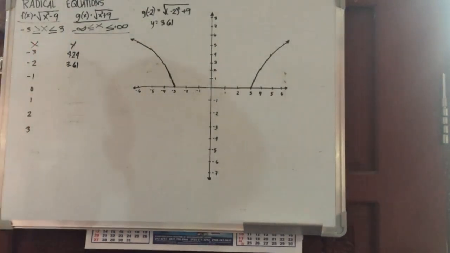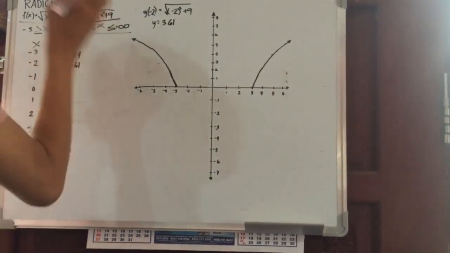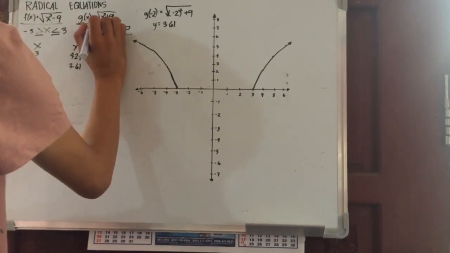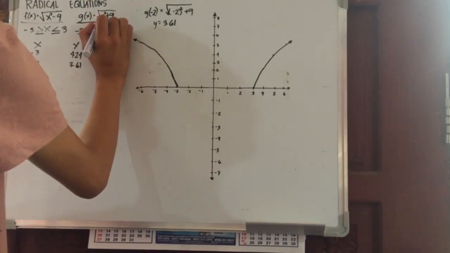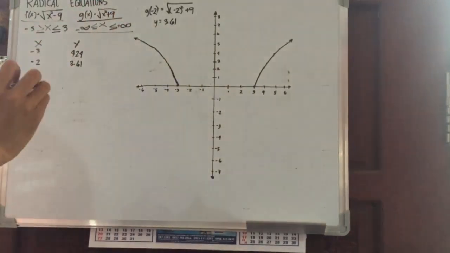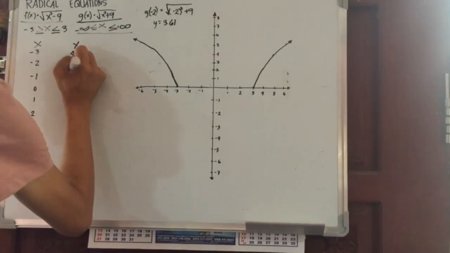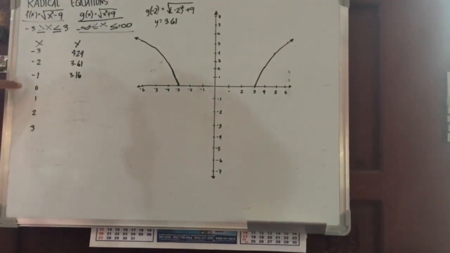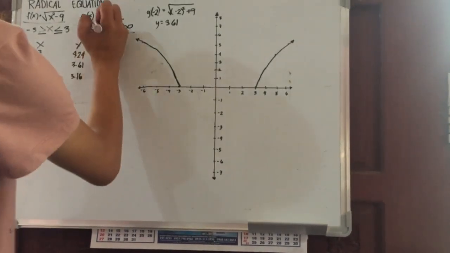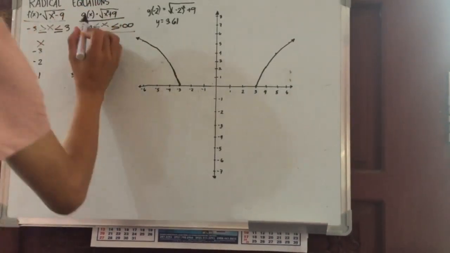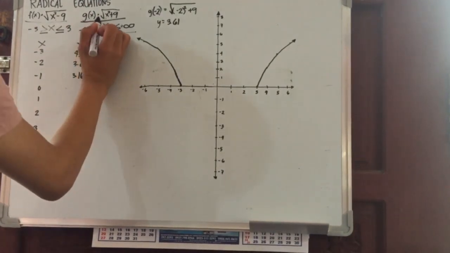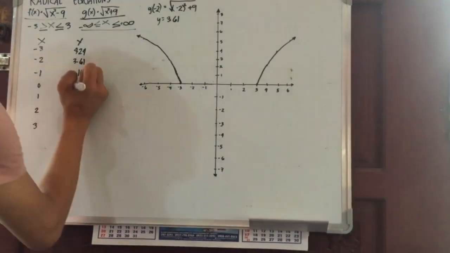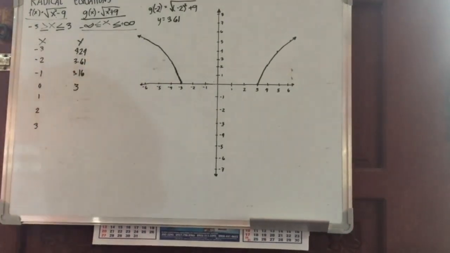Then the next one is negative 1. g of negative 1 is equal to the square root of negative 1 squared plus 9, which is equal to 3.16. Our fourth value is 0. g of 0 is equal to the square root of 0 squared plus 9, which is equal to positive 3.